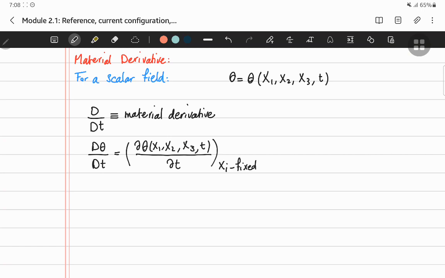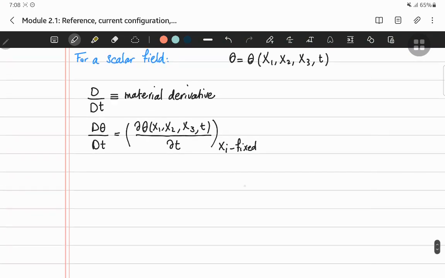So we are in the current configuration. This is for the material description.